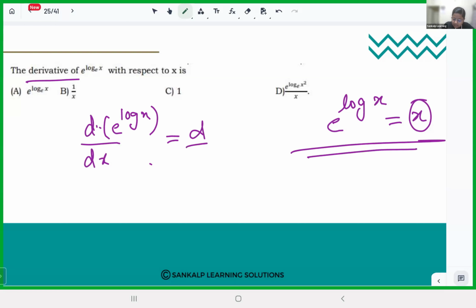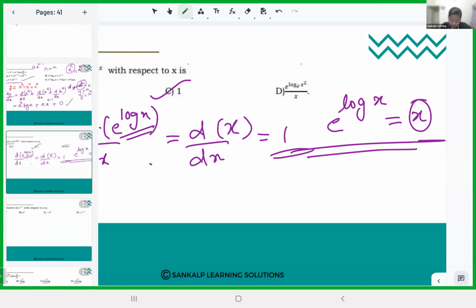This will be equal to d by dx of x, right? Because e raised to log x is equal to x, we can replace it with x. So it will become d by dx of x. And what is the derivative of x with respect to x? It is nothing but 1. Okay, so option C is right.